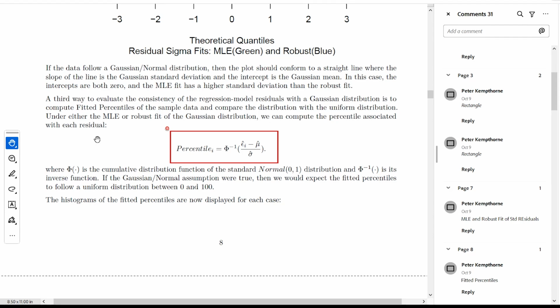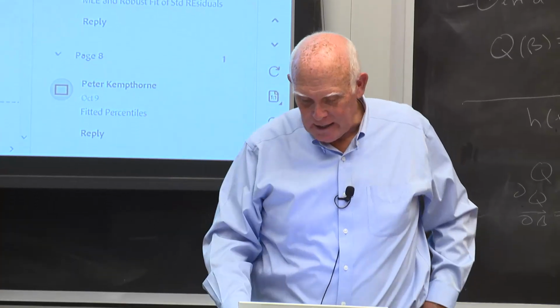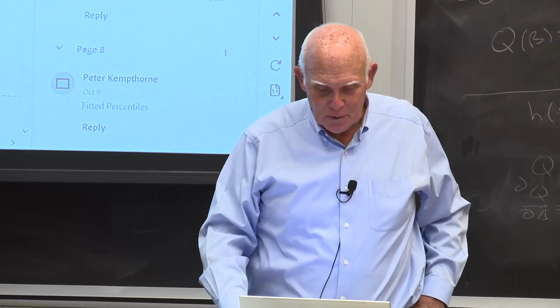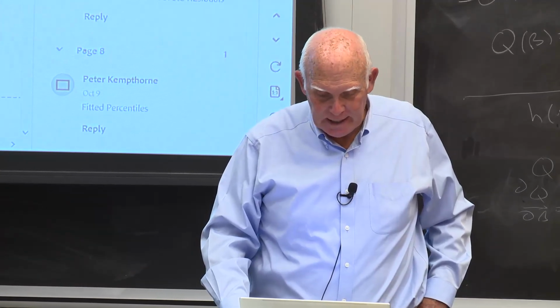And it turns out that these percentiles should be uniformly distributed from 1 to 99 if this normal model is correct. And so we can actually consider different estimates of sigma hat, from robust to MLE.